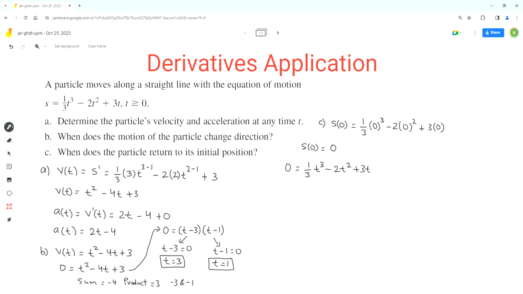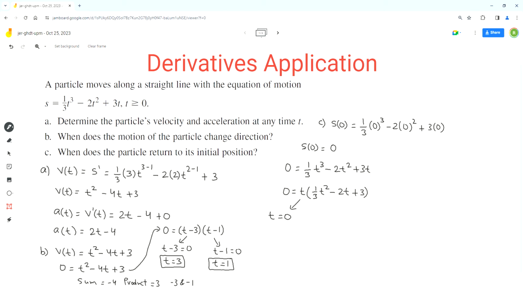So the first step here is to factor this equation. So we can do common factoring here. So we can factor out a t. So we get t times 1 over 3 t squared minus 2t plus 3. So now we get two cases. So the first case is t equals 0.